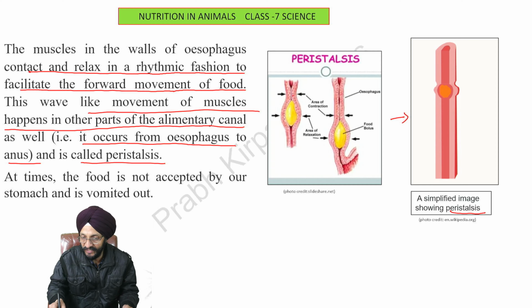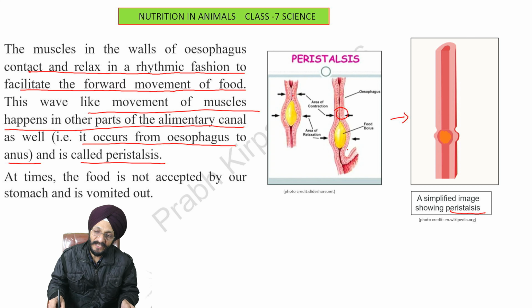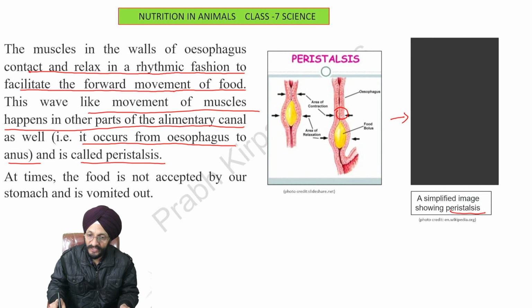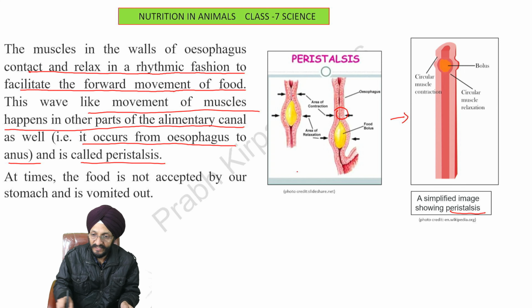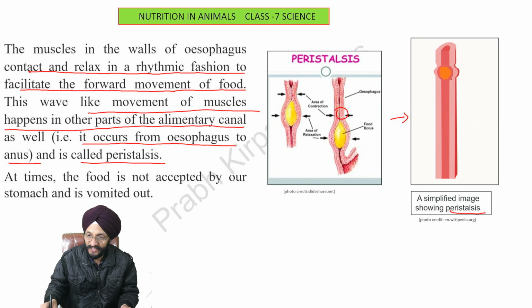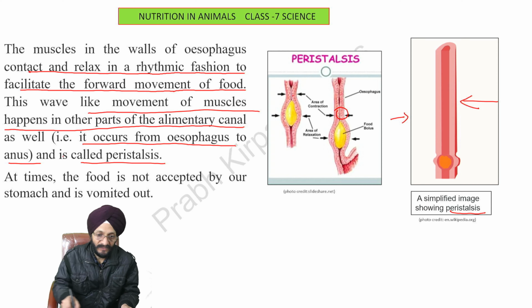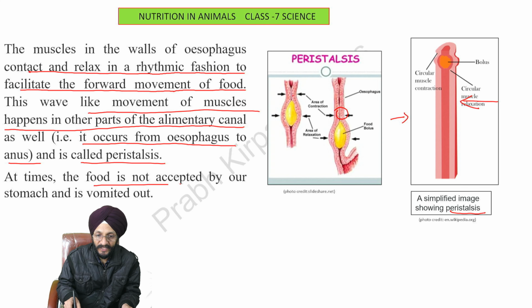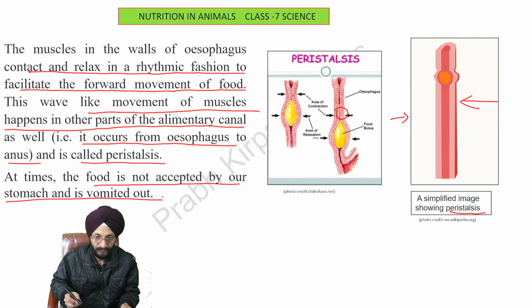And you can see in this next picture, here the muscles are contracting and the next portion is relaxing. This is called peristalsis. You can see it in detail in this way. The food passes through the esophagus. At times, food is not accepted by our stomach and is vomited out.